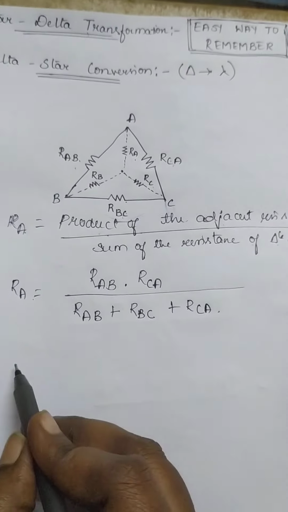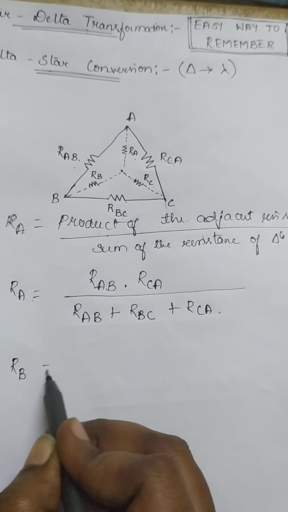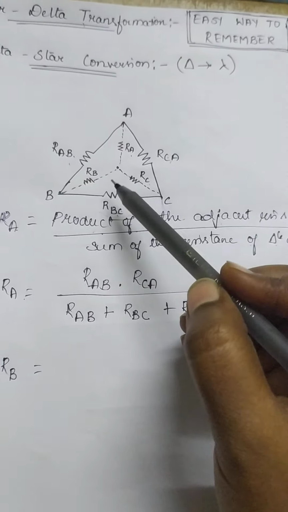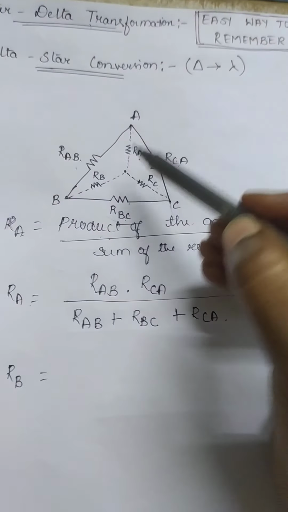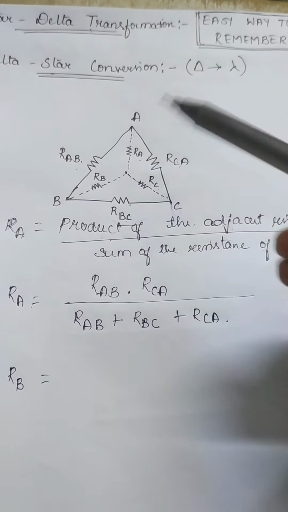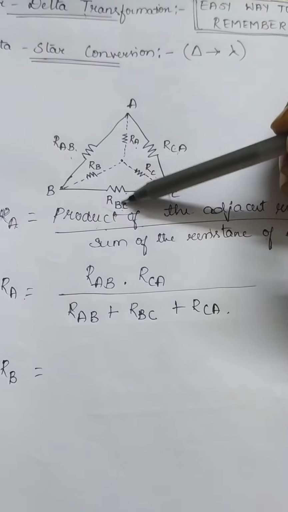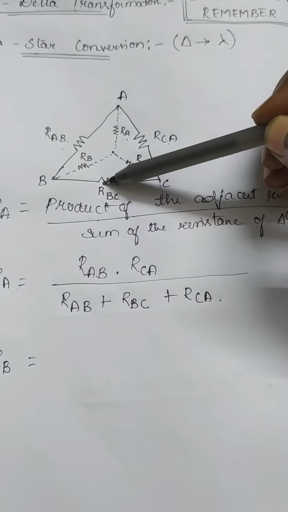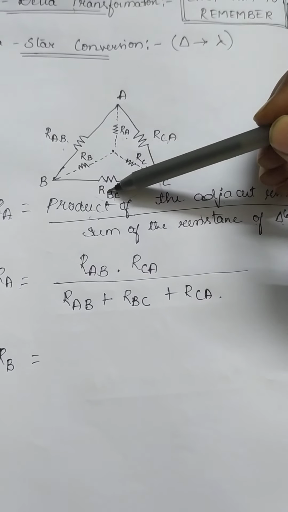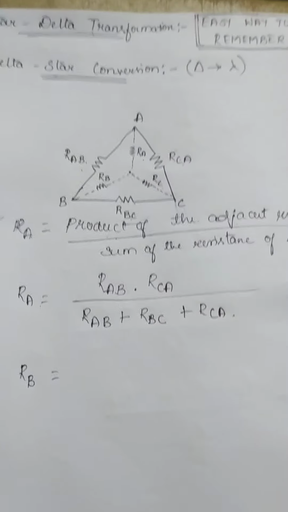Hope you are going to tell me for RB. RB, again apply this formula only. RB is equal to the product of the adjacent resistances of the delta connection divided by the sum of the resistances of the delta connection.